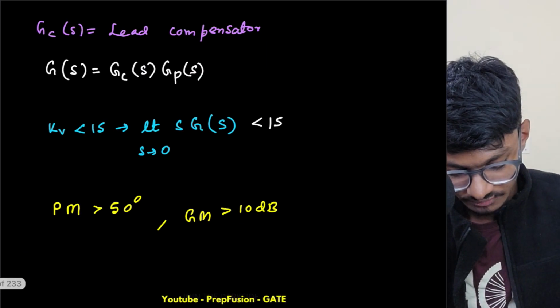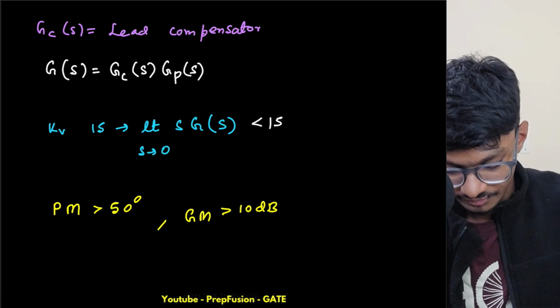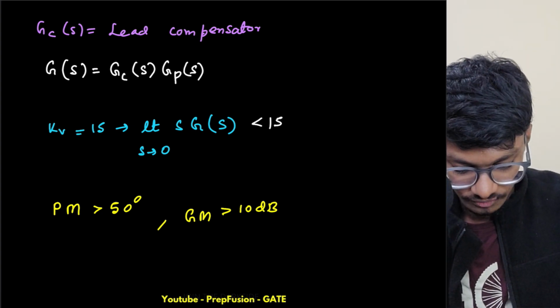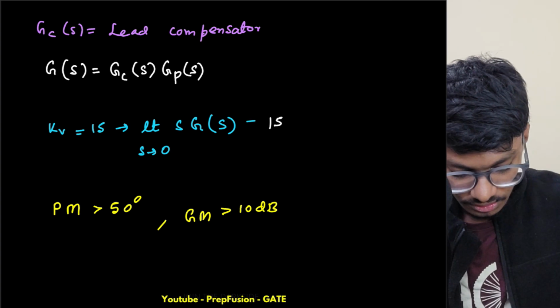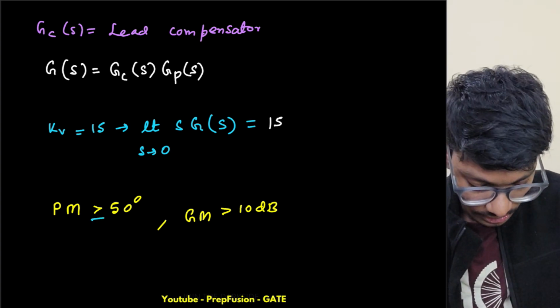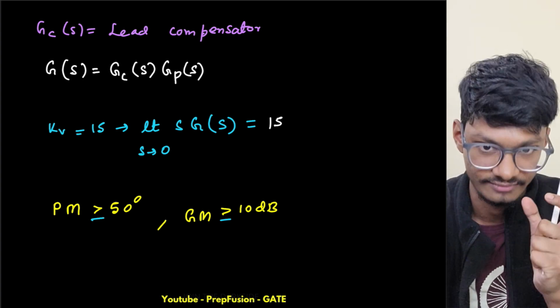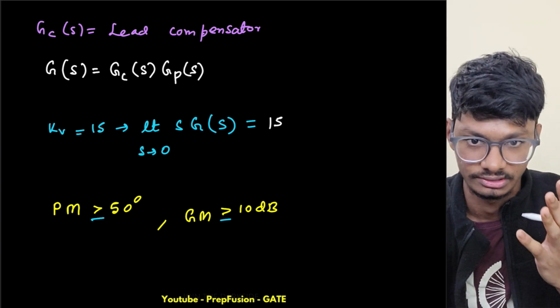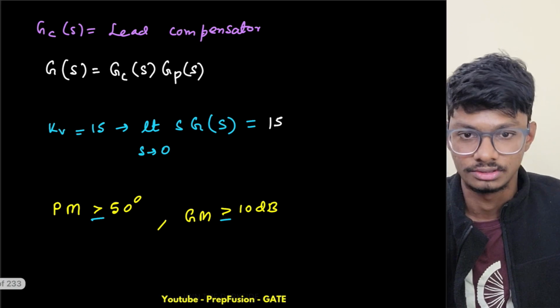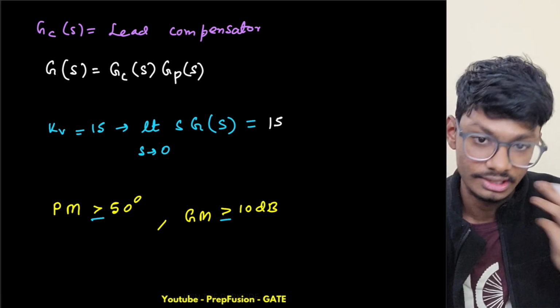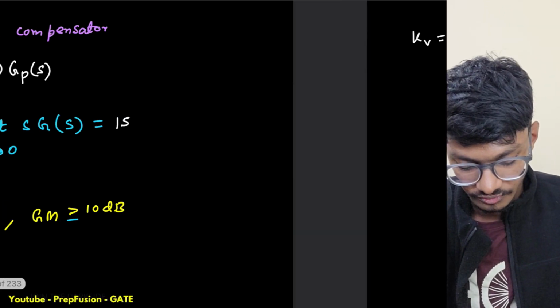I wrote there less than 15, but it is actually not less than 15, it becomes 15, so it will be equal to 15 itself. My mistake. Everywhere I will take the limiting case, because from there only I can get an exact value. I have to find values of KC, alpha and tau, so I will take the limiting case. So KV is equal to 15.